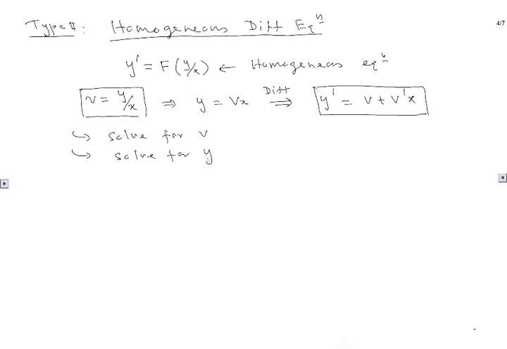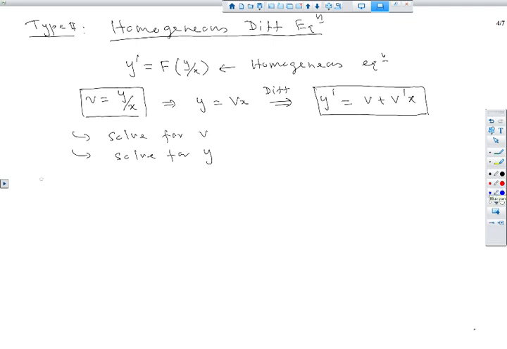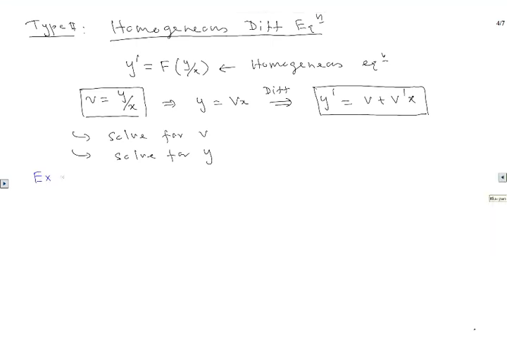Good. So you can try this equation. This is the exercise for 4b. It is x y dy over dx equal x squared plus y squared.